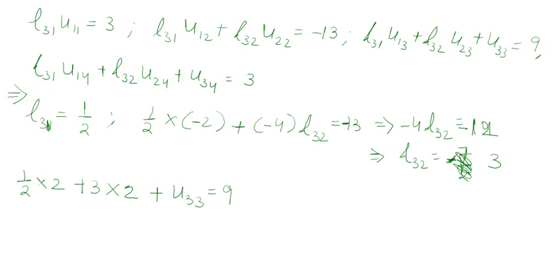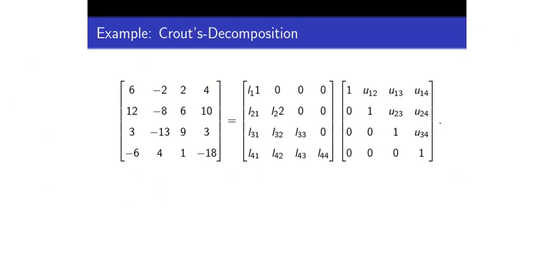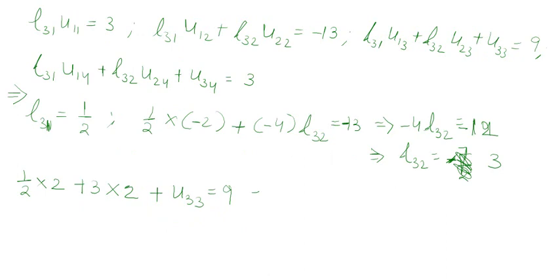So what this will imply is U33 is equal to, so 6 plus 1 is 7, so 9 minus 7 is 2. And the fourth entry, what it will imply is L31 is 1 by 2 into U14. What is U14?